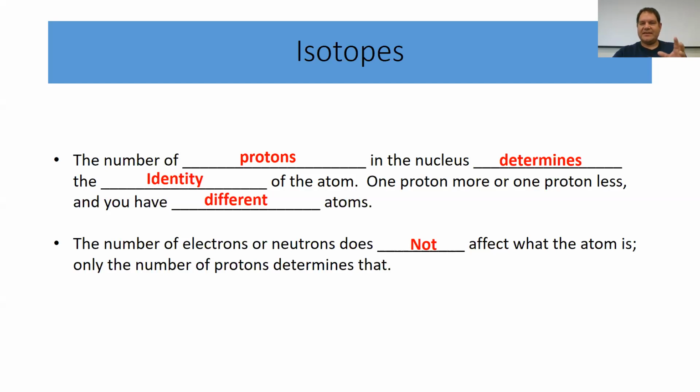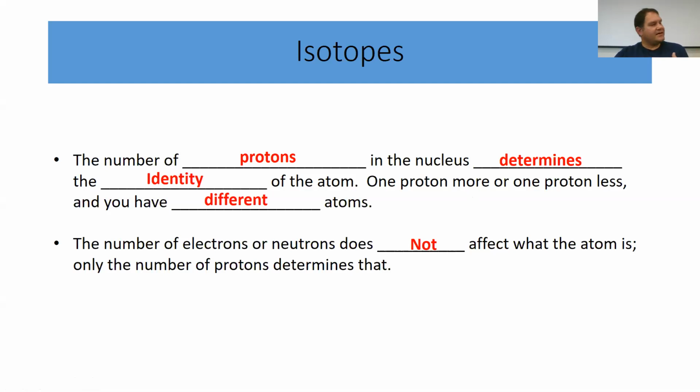Okay, if any atom or element has 1 proton in the nucleus, it's got to be hydrogen. If any atom or element contains 8 protons in the nucleus, it's got to be oxygen. Again, the number of protons in the nucleus identifies what type of element or atom we're looking at. If we alter the number of protons, we add 1 or we take away 1, it will completely change the identity of the atom.